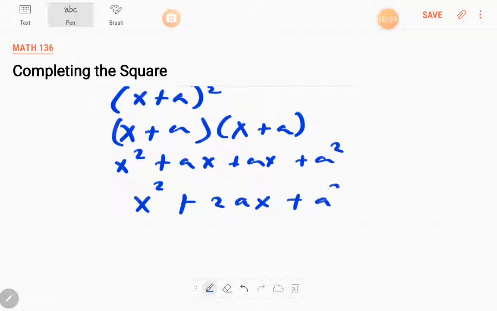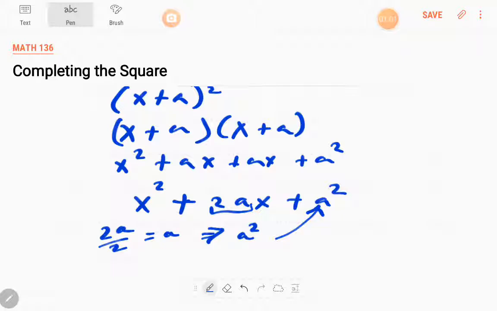plus a squared. So now, if we took half of the middle, so this would be our b term. If we took 2a and divided by 2, we'd get a. And then if we squared it, we'd get this constant term, right?